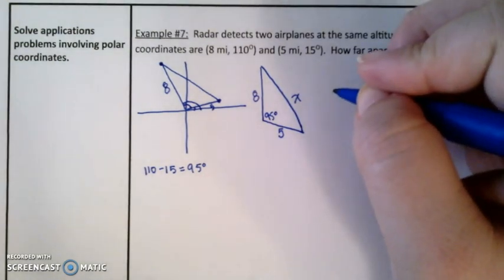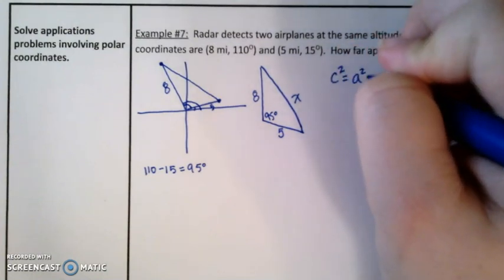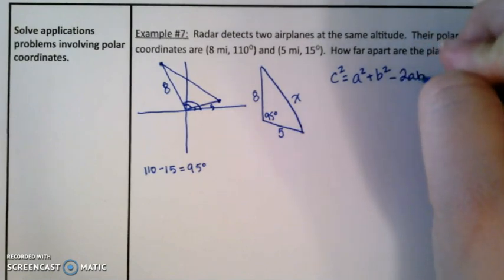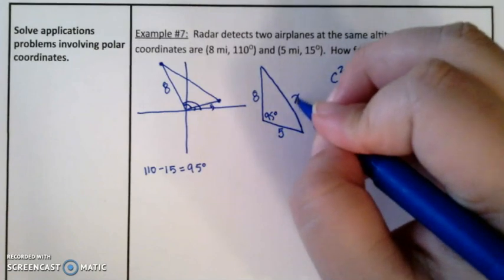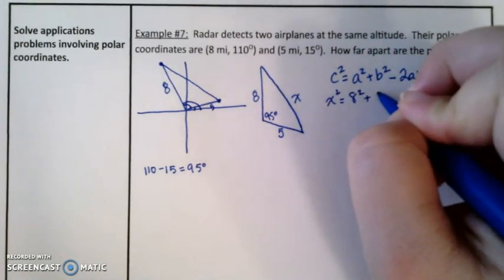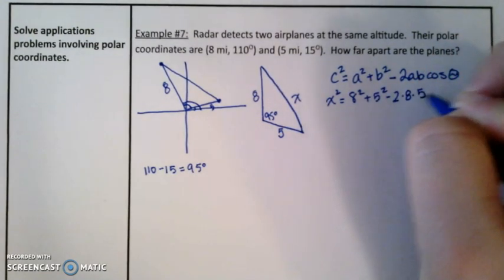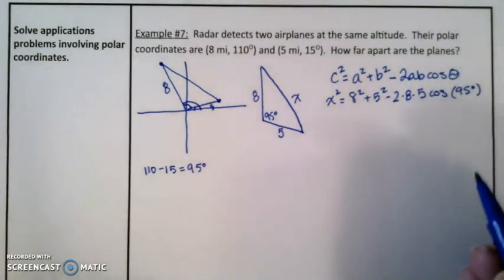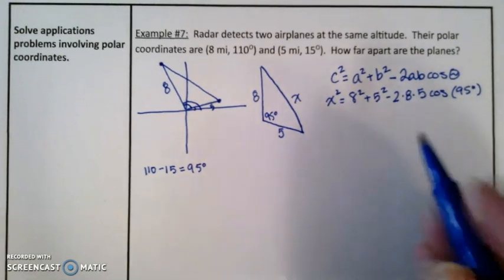And if you'll recall, the law of cosines is c squared equals a squared plus b squared, but then you have to do minus 2ab cosine of theta. So I'm looking for x squared equals 8 squared plus 5 squared minus 2 times 8 times 5 times cosine of 95 degrees. So make sure when you're calculating that, your calculator is in degree mode.